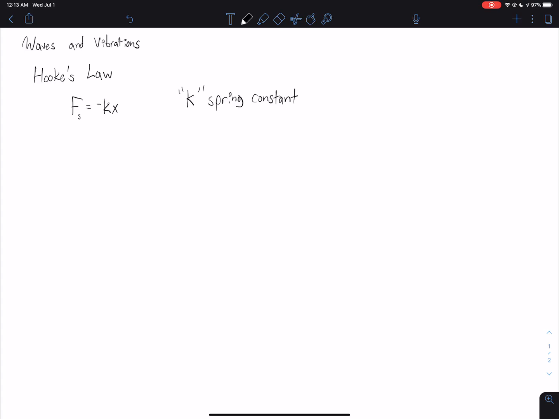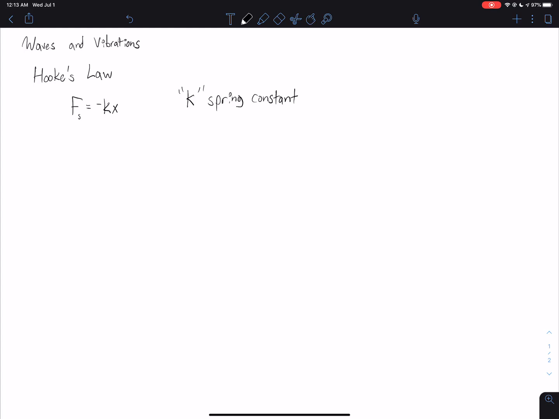Okay, and if you've never seen this term before, or just as a refresher, a spring constant is simply a value that varies depending on the spring that you're using, but it's a measure of the stiffness of your spring. So for example, if you have a spring that's made out of iron, it's going to be very stiff, so it's going to have a very high K value.